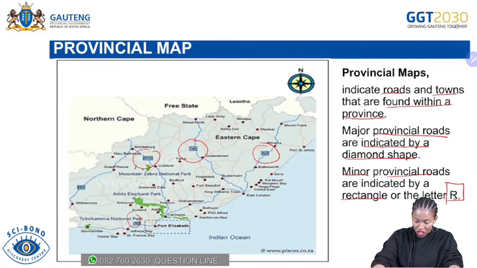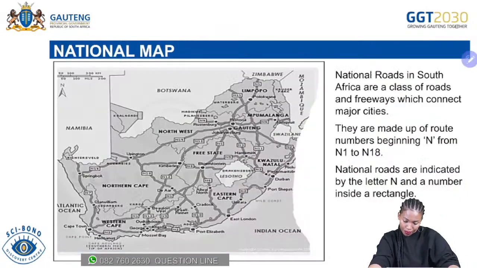Yeah, all those national roads. And then it means this map is actually the map of the Eastern Cape. So what you see here is all the towns in the Eastern Cape, like your Port St. Johns, Mount Frere, Aliwal North, Lady Grey. All these towns are the towns that you will find in the province of the Eastern Cape.